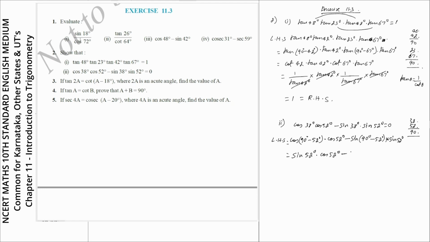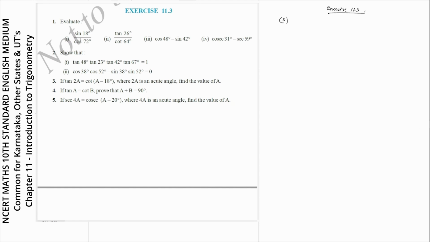So sin of 90 degree minus 52 degree is cos of 52 degree into sin of 52 degree. Now you can check first term and second term both are same only, so they will get cancelled and the answer I'll get is 0.